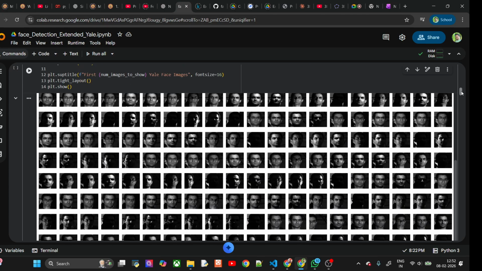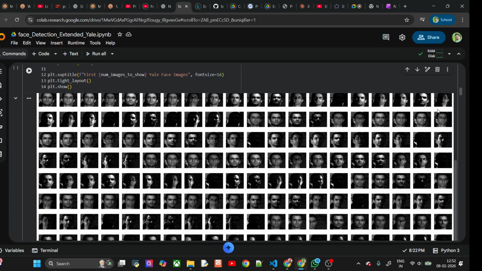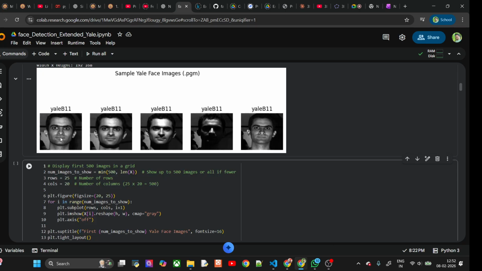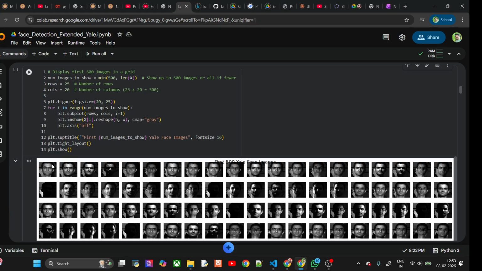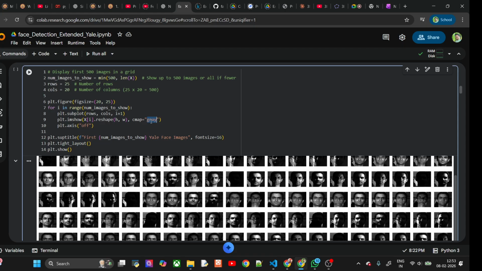These are different kinds of faces in grayscale, meaning black and white images, not colored ones. The input itself is totally in grayscale.